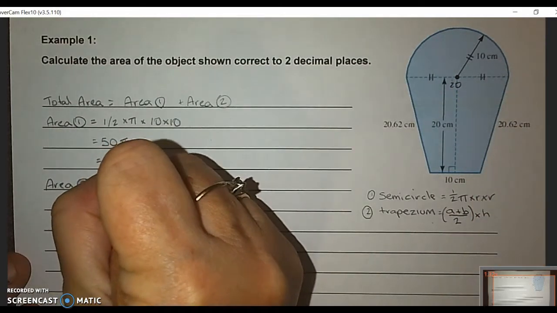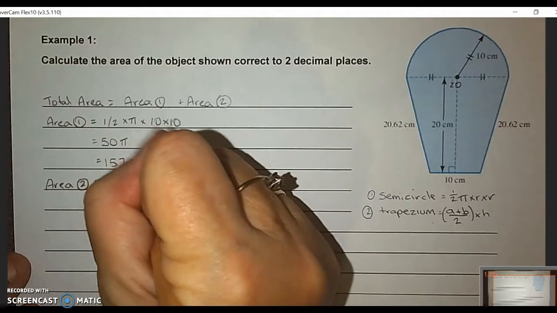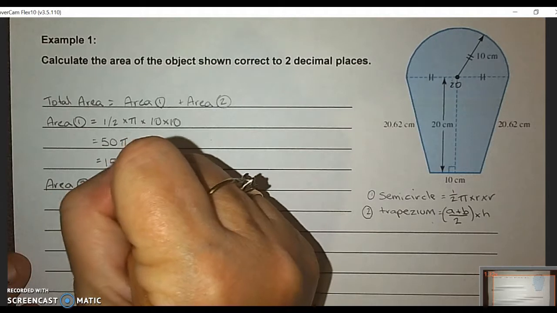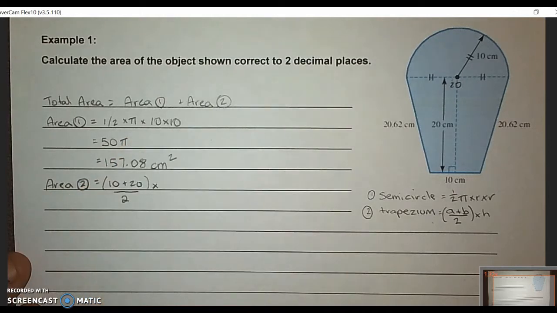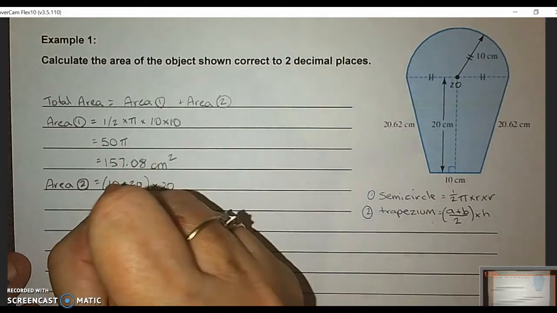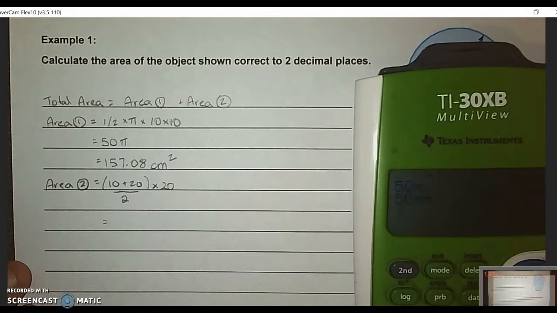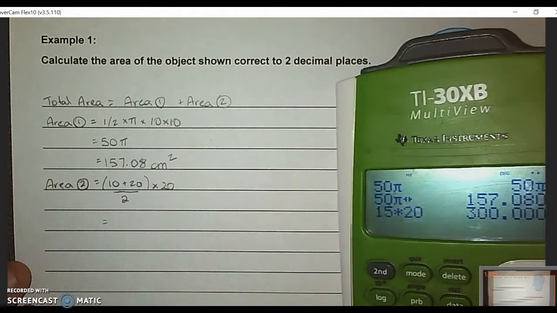So 10 plus 20 divided by 2, and the height is 20. 10 plus 20 is 30, divided by 2 is 15. 15 times 20, 300.